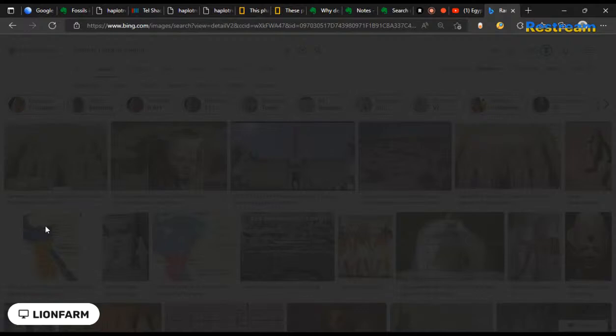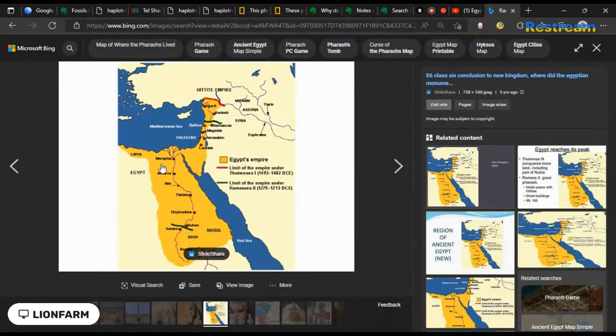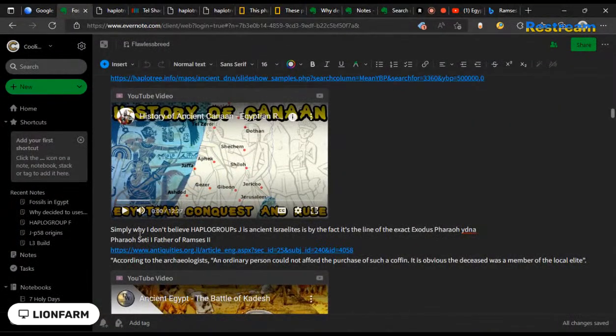All right, this is important because the area of Egypt that ruled this area also reached all the way up here to the area of the Hittites. So that's going to be very important as we go over the information. As you can see, these areas are going to be ruled by Egyptians, and they're going to be setting their peoples there, and some rulers are going to be sitting there as well.